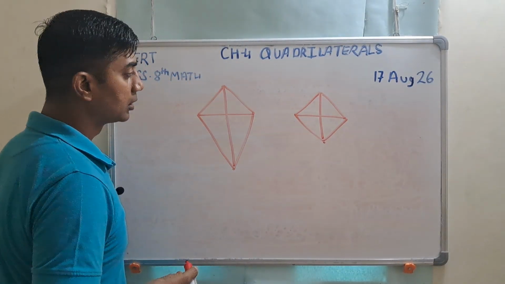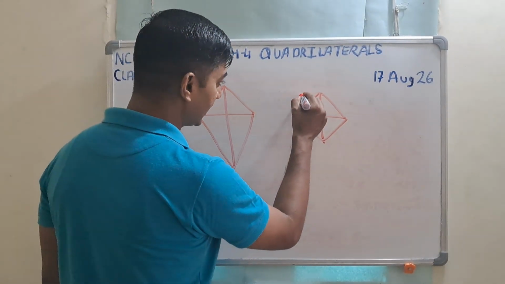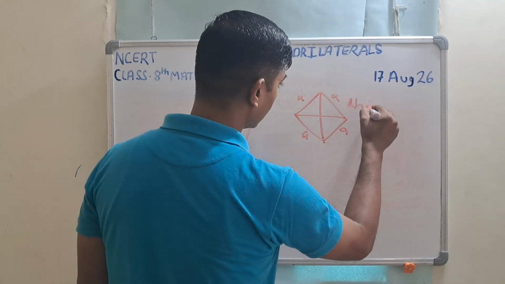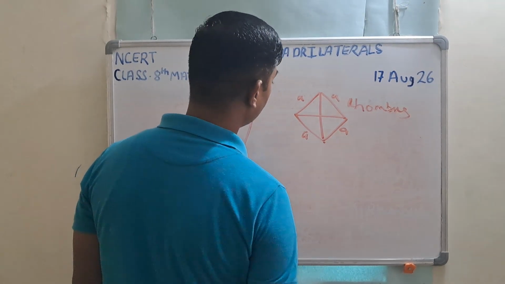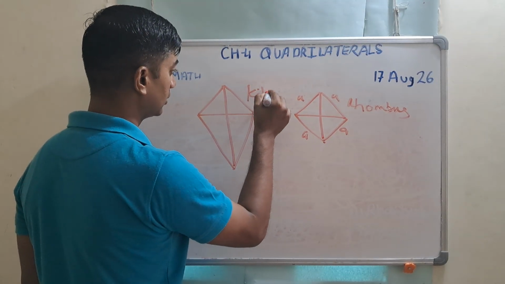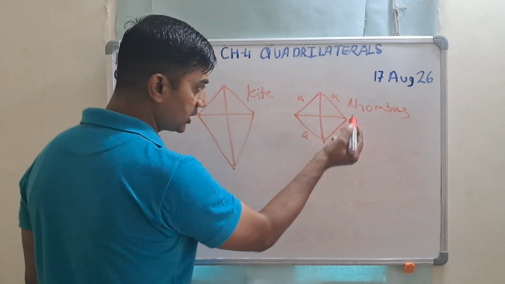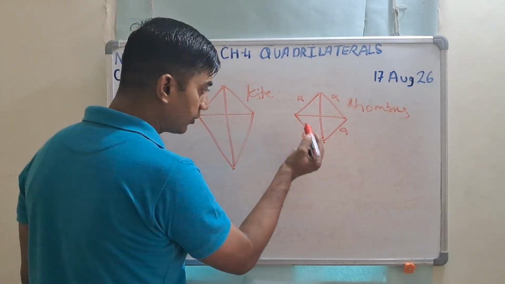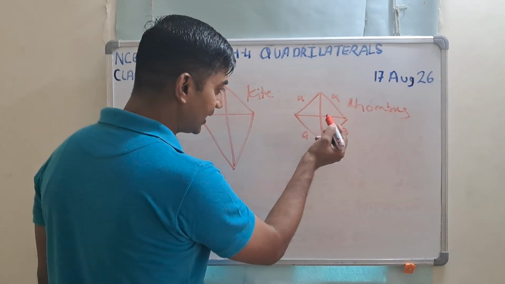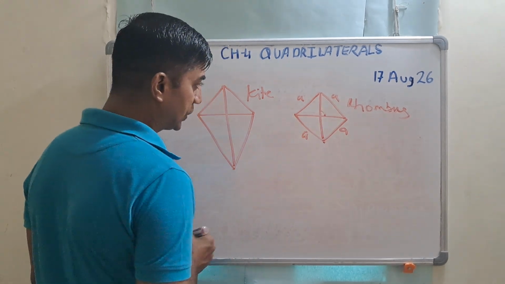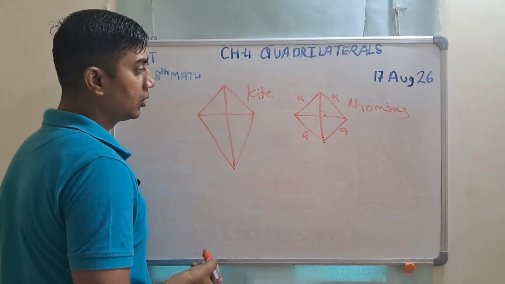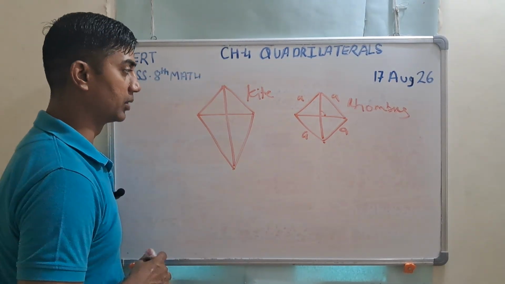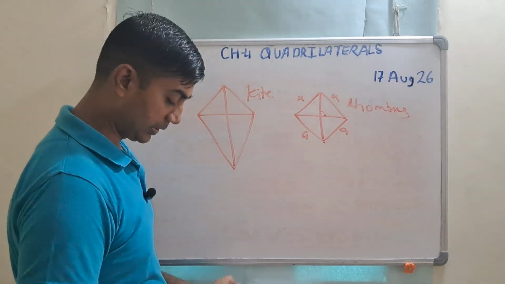Only those kites which have all the sides equal are rhombuses. It means only those kites whose diagonals bisect each other and are perpendicular to each other are actually rhombuses. So this is the relation between kite and rhombus, and we have also seen it in the Venn diagram.